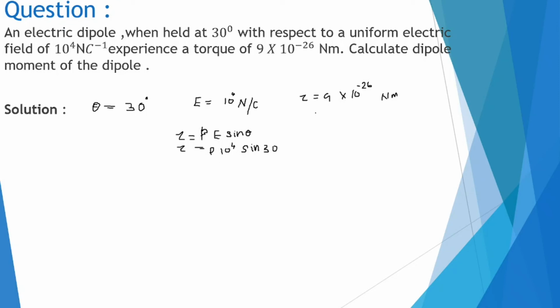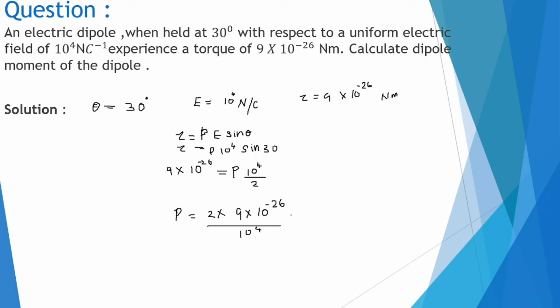So 9 into 10 raised to minus 26 equals P into 10 raised to 4 into 1 by 2. Let's take the 2 to the other side. So P is equal to 2 into 9 into 10 raised to minus 26 by 10 raised to 4.